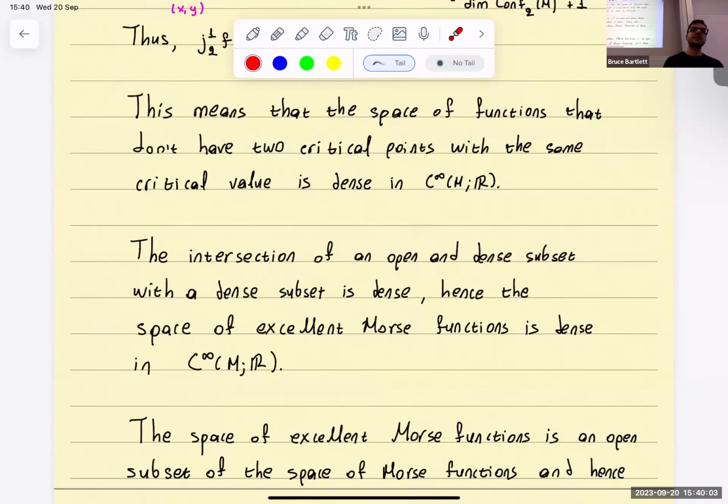Now, if I just intersect two dense spaces, I don't necessarily get a dense space. But if one of them happens to be open and dense, then the result will be dense. And so that's how it all nicely comes together.